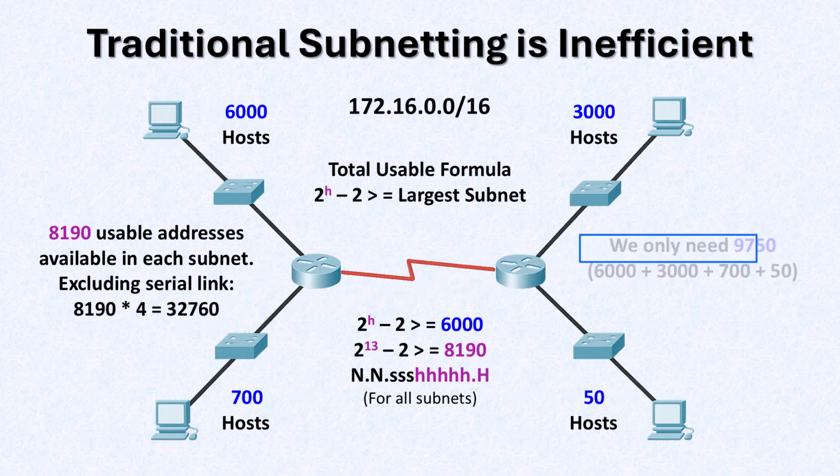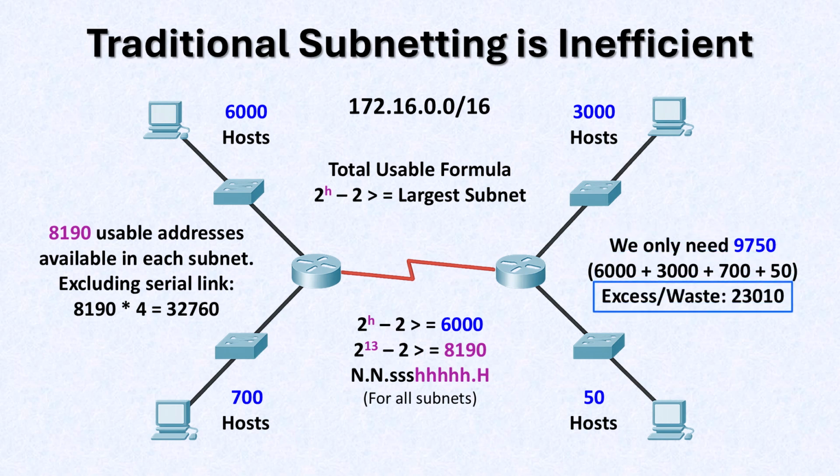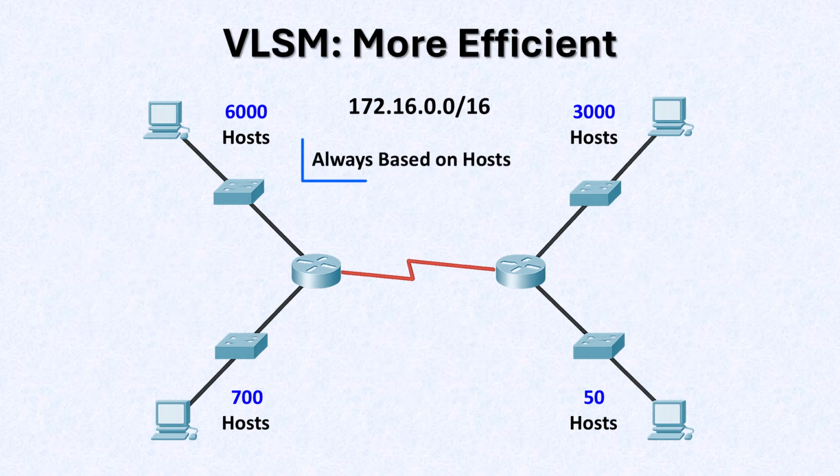However, we only need 9,750 addresses. This produces an excess of just over 23,000 addresses that are being consumed but will not be used. They are essentially wasted. On the other hand, VLSM, which is always based on the number of hosts, optimizes the number of addresses per subnet based on the requirements.